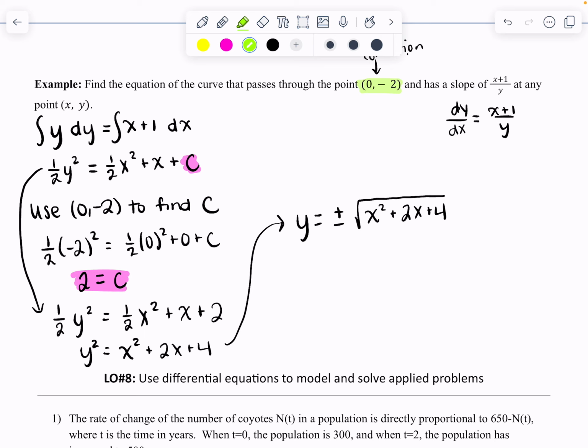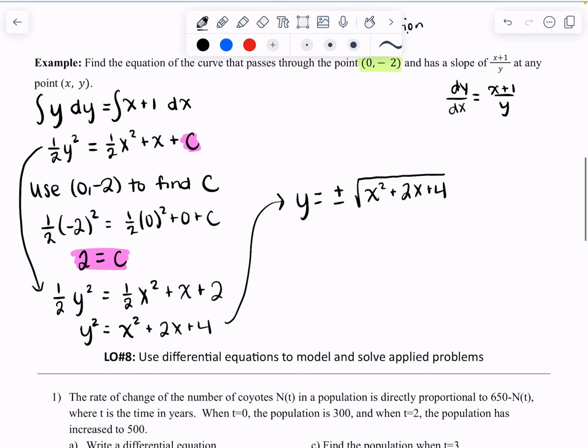So if I plug in 0 to x, I want to get out -2. This is easy to forget, but it is important and it does come up maybe on the test. So maybe make a special note of it. If you are dealing with a plus or minus situation and you are looking at a particular solution, not a general solution, you have to pick the one that makes sense.